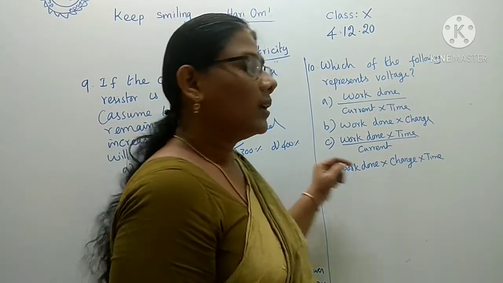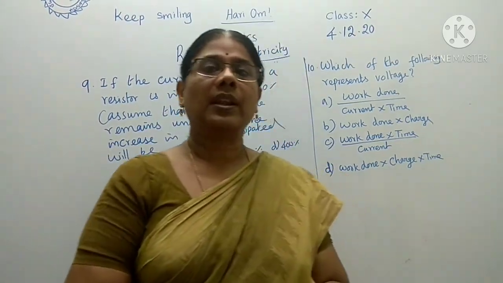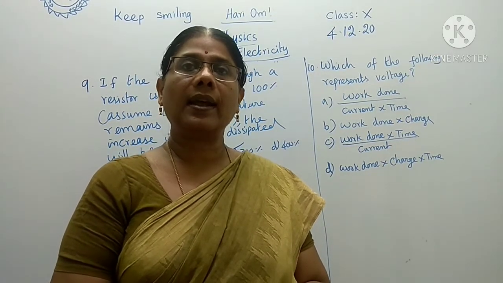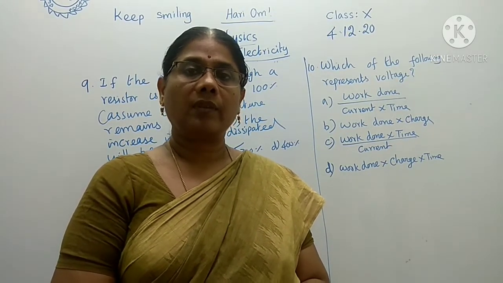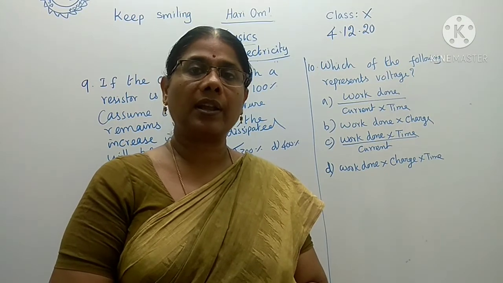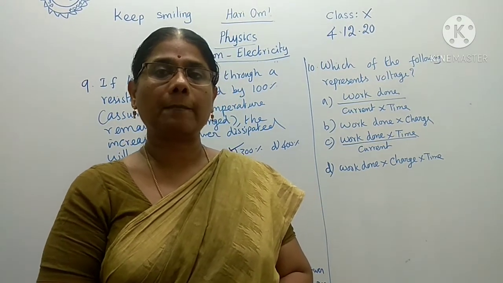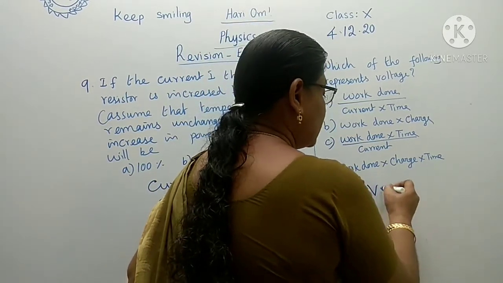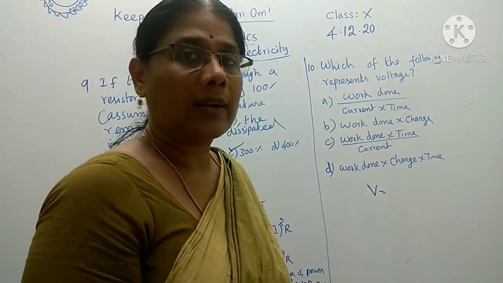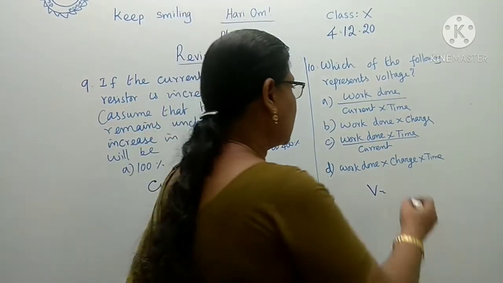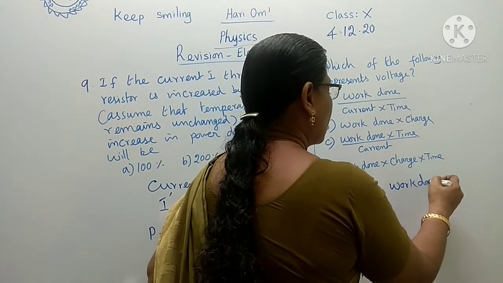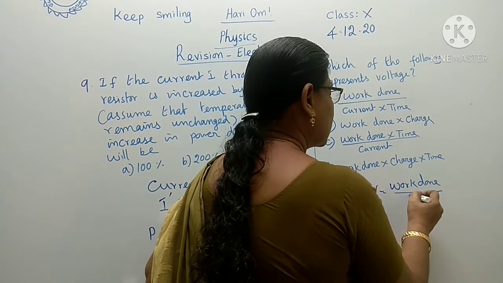What is the relation between voltage, work done and charge? We have studied it, isn't it? Rihanna, can you say the equation? Yes, potential difference V is equal to work done by charge. We have studied, isn't it?